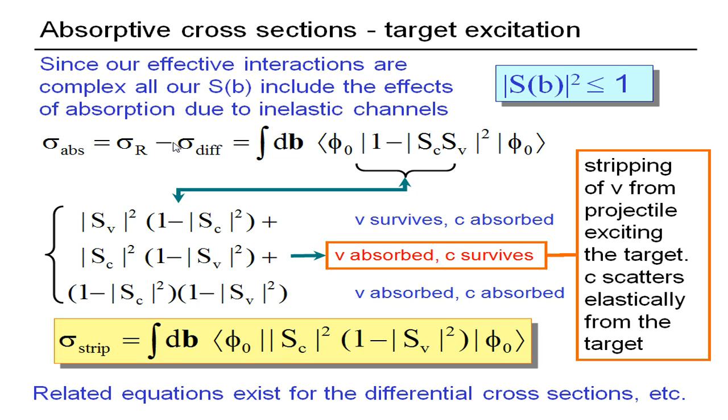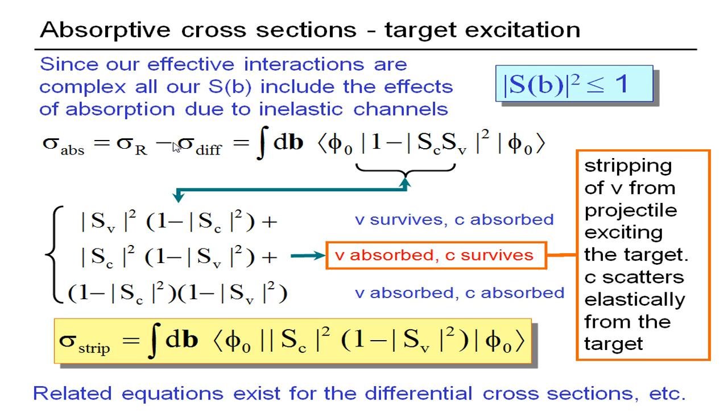S_C is the probability amplitude that the core comes out, correct? The modulus of that squared is the same thing as modulus S_C squared times modulus S_V squared, it's just complex numbers. The modulus of S_C squared is the probability that the core particle goes into the reaction and comes out the other side. This one is the probability the valence particle is also incident and comes out the other side.